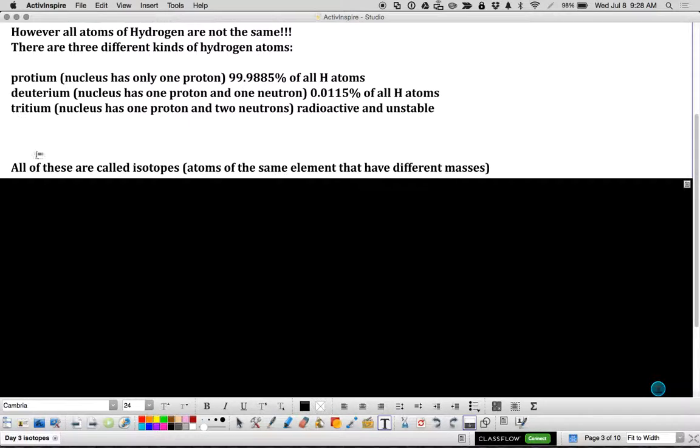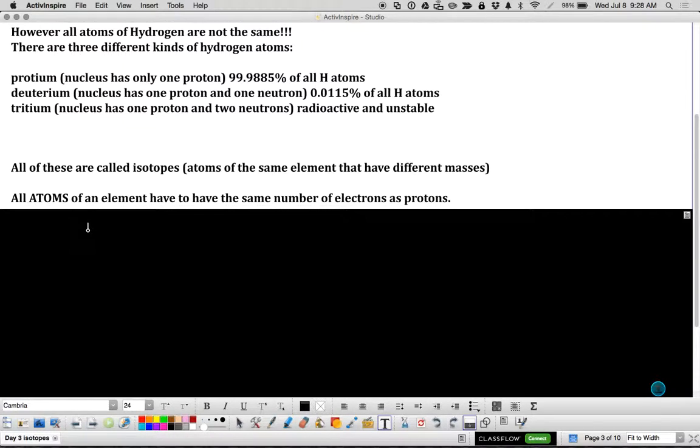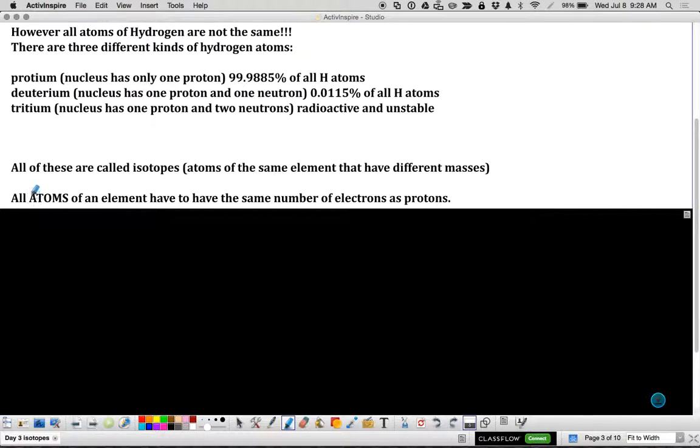Now, not all isotopes have names like protium, deuterium, tritium. We're going to get to that. But for hydrogen, they do have names, and I don't expect you to remember them, but they might be good to know later. All atoms of an element have the same number of electrons as protons.